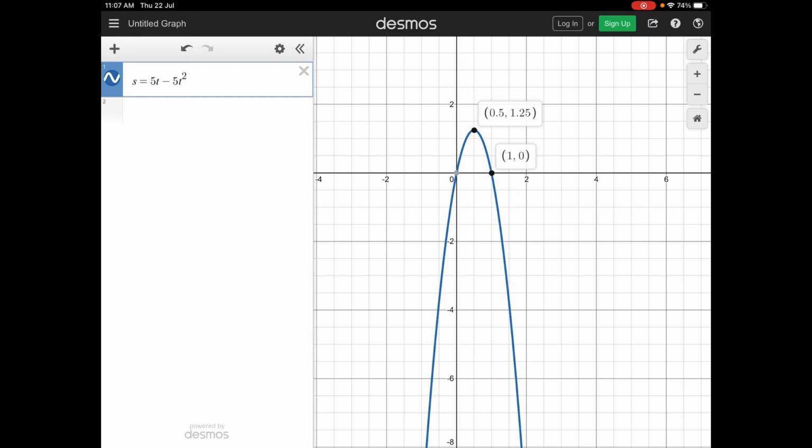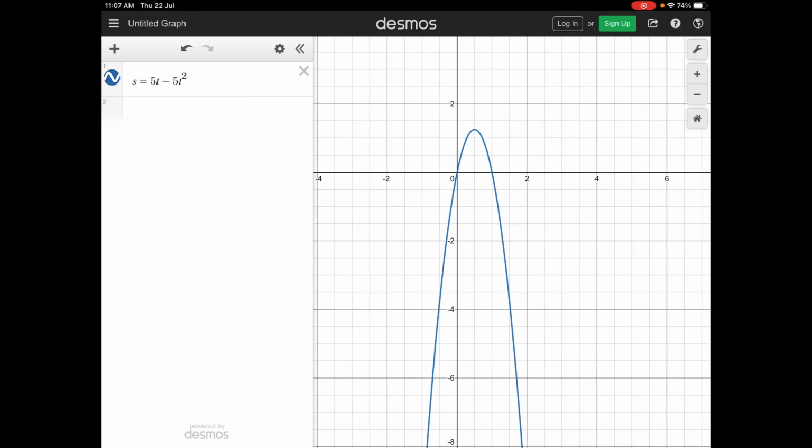Except we need to consider this problem in relation to the first ball. This ball didn't move for the first 2 seconds. In other words, its displacement remained the same up until it was chucked at 2 seconds. So I need my starting displacement, this origin point, to be moved to a time of 2 seconds, because that's when the event occurred.